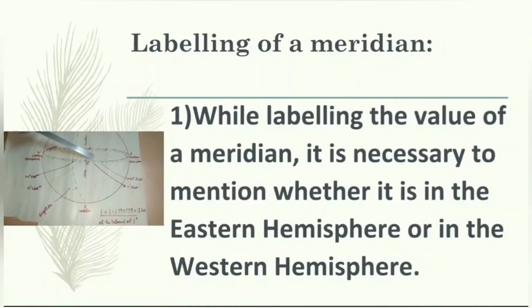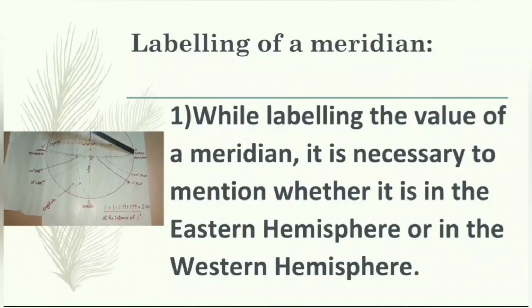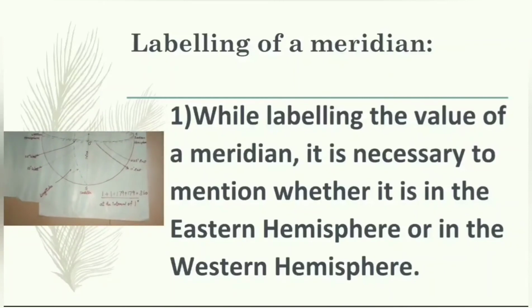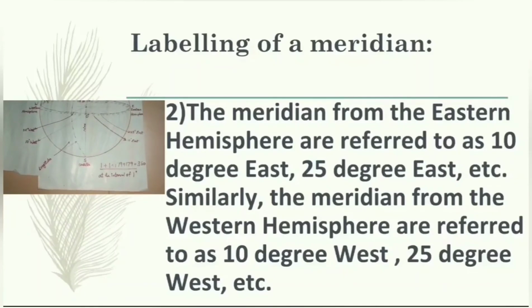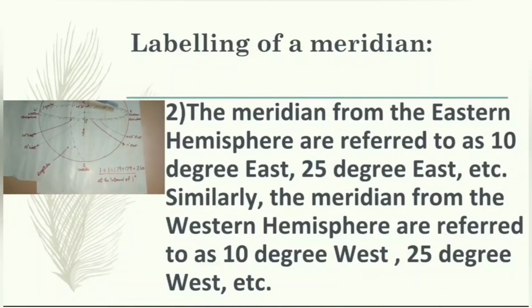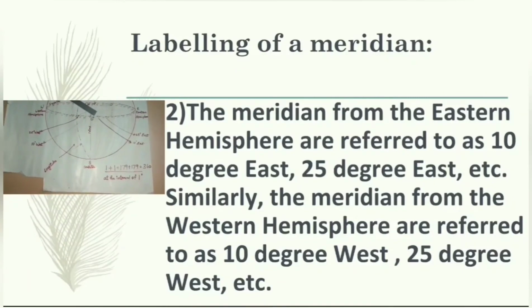When we are going to label the meridians, it should be mentioned whether it is in the eastern hemisphere or in the western hemisphere. Now the second point, the meridians from the eastern hemisphere. So this is the eastern hemisphere. The meridians shown here are referred to as 10 degree east.